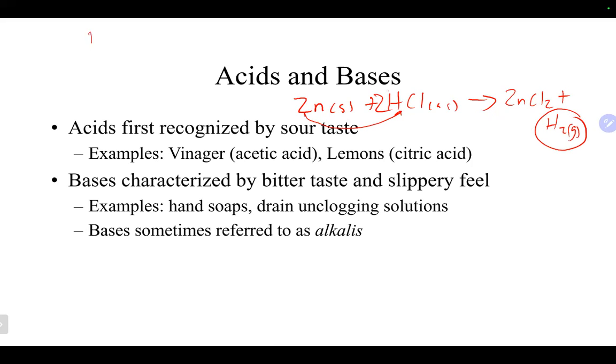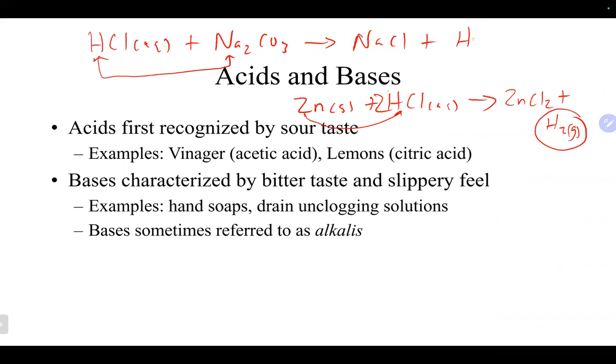Also, acids react with carbonates, like sodium carbonate, in a double displacement reaction where these two basically switch partners and form some sodium chloride and some H2CO3, which is actually carbonic acid. Carbonic acid doesn't hang around a very long time.